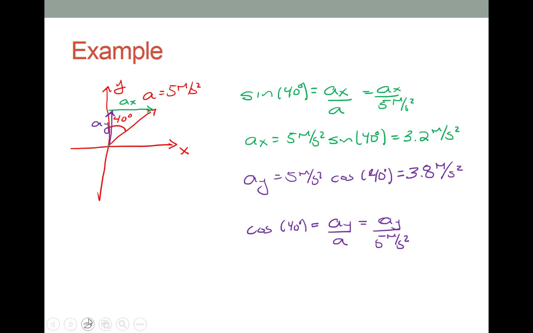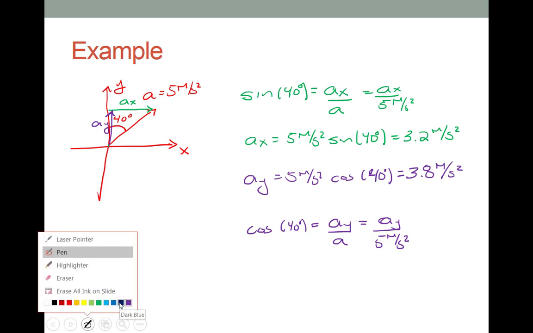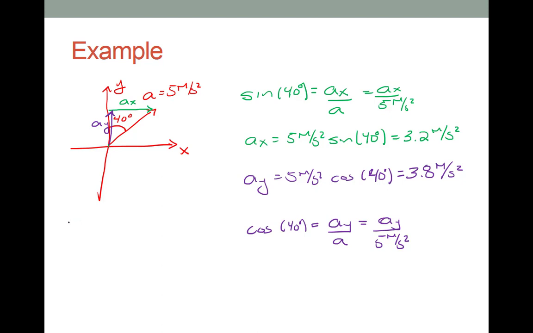So if you knew ax and ay and you wanted to find the angle, then what I would do would be the tangent of the angle is the side opposite, that's ax, divided by ay. ax is 3.2 meters per second squared. ay is 3.8 meters per second squared.